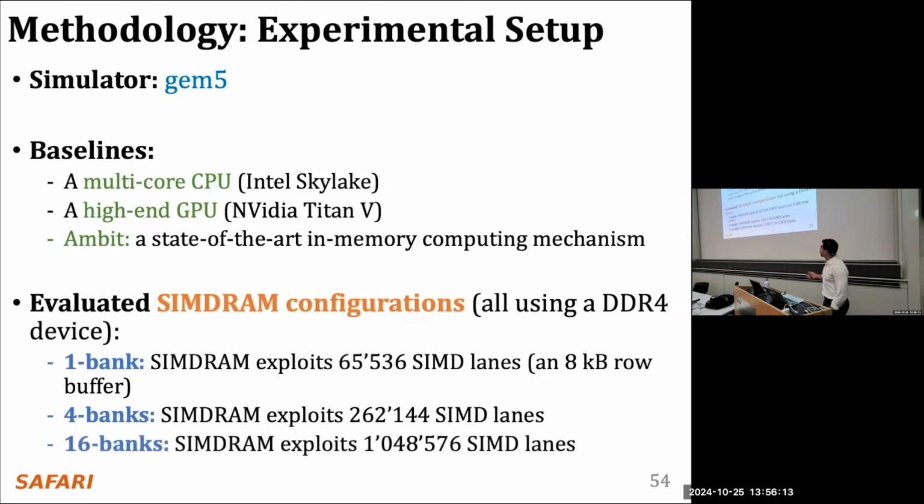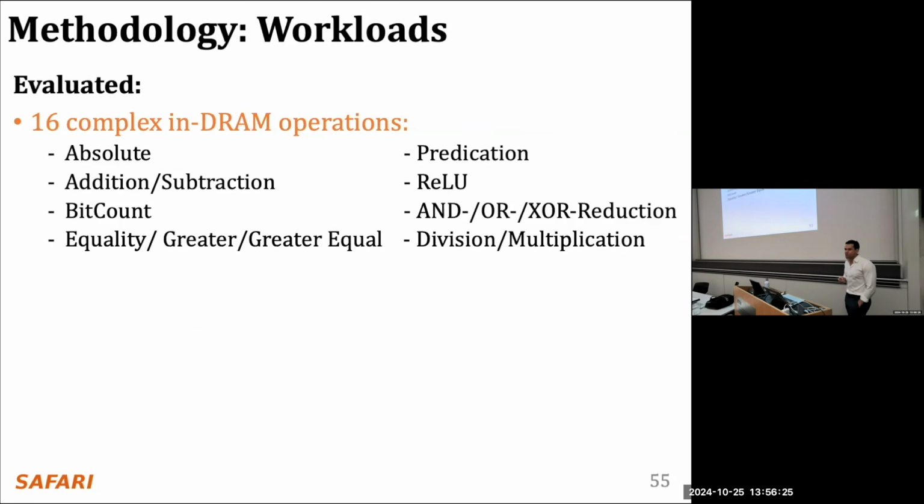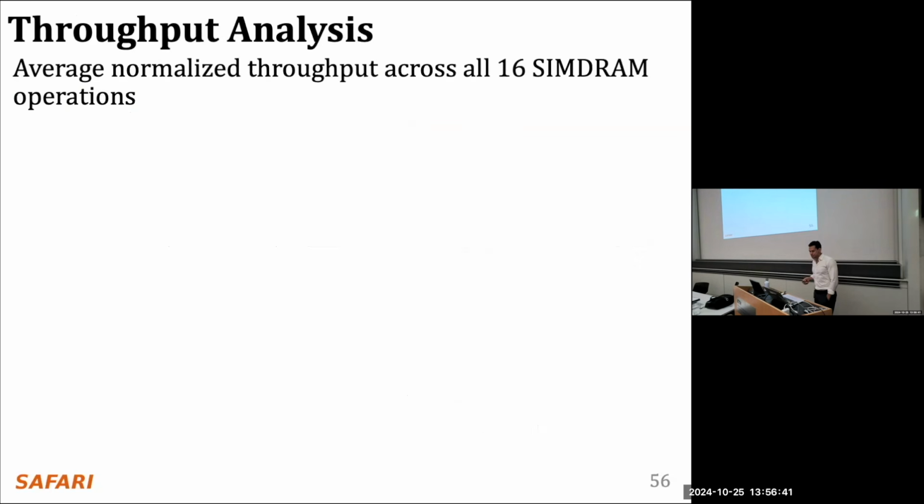We also evaluate three configurations of SIMDRAM using 1 bank for computation, 4 banks, or 16 DRAM banks for computation. So we use this 3-step framework to implement 16 different in-DRAM operations, including addition, multiplication, division, subtraction, and we use those operations to accelerate 7 real-world applications, including some neural networks and some database primitives.